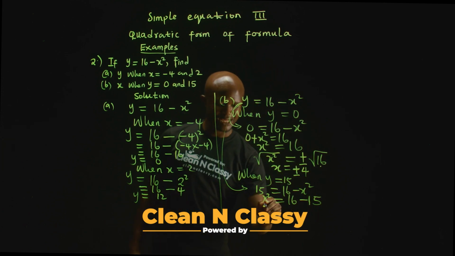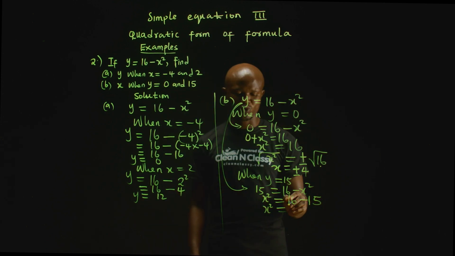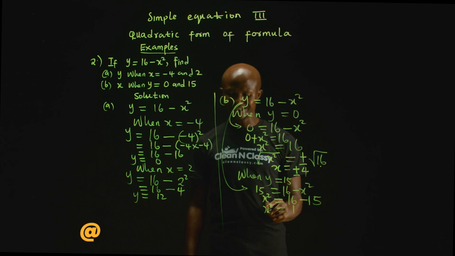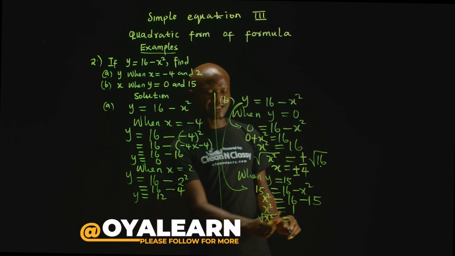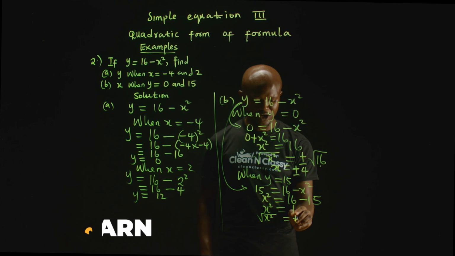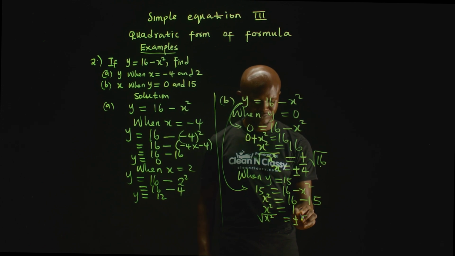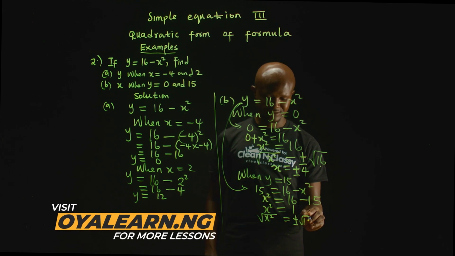Now we have x squared equals what? What is 16 minus 15? 1. Then we take the square root of both sides. Taking the square root of both sides, don't forget, when you're taking square root of both sides of a number, you put plus or minus. The square root of x squared is x.